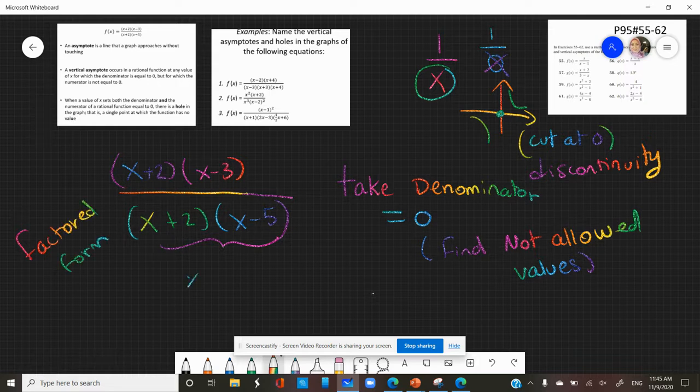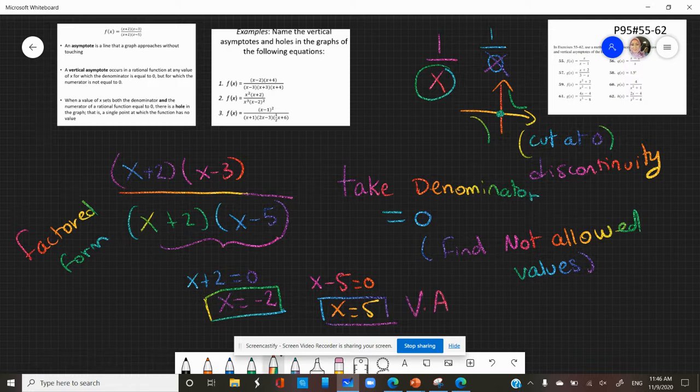So I take x plus 2 equal to 0, x equals negative 2, and x minus 5 equal to 0, so x equals 5. I know ahead that when I graph this function there are going to be two cuts, two vertical asymptotes, at negative 2 and at 5.